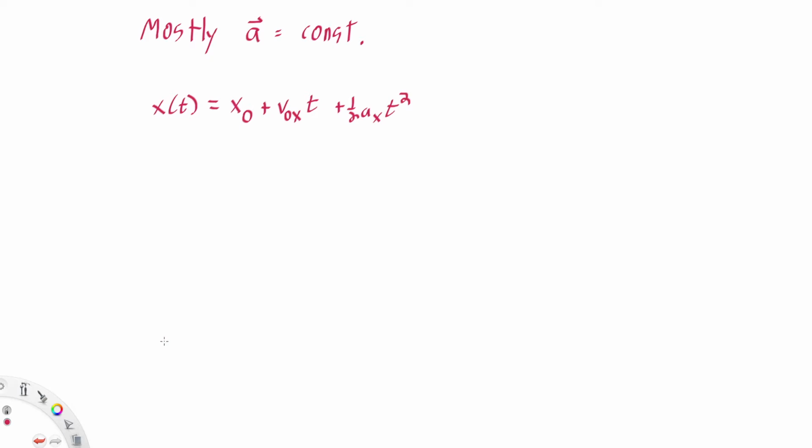Our topic for today is actually free fall situations and situations involving gravity. Near the surface of the Earth, the acceleration due to gravity can be said to have a constant value.